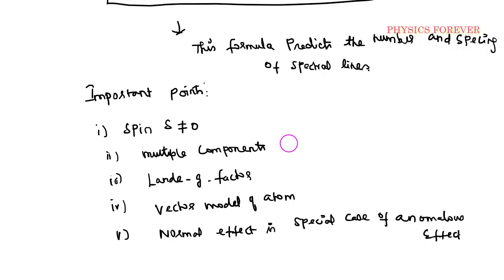All these points are most important. The normal Zeeman effect is rare in real atoms, but the anomalous Zeeman effect is the common one.